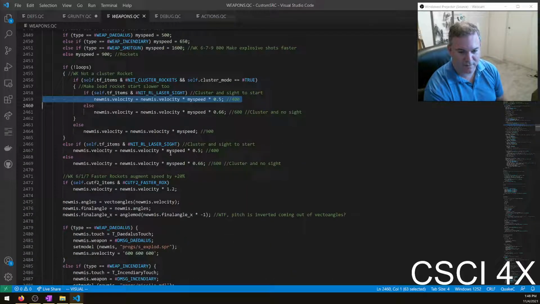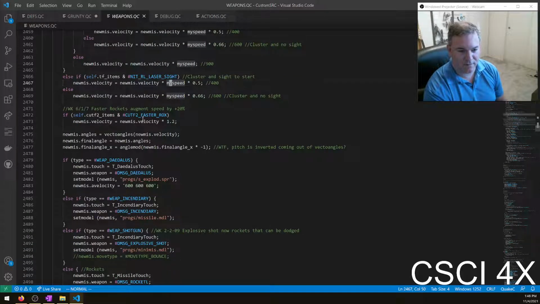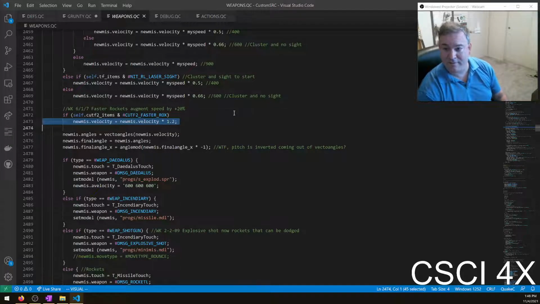Let's see here. Faster rockets travel faster. And so you can see, oh, I don't know if we've done this, actually. If you multiply a vector times a scalar, again a fancy word for a number. What do you think this is doing here, that line of code? Velocity is equal to velocity times 1.2. If you just had to guess, what do you think that line of code is doing?